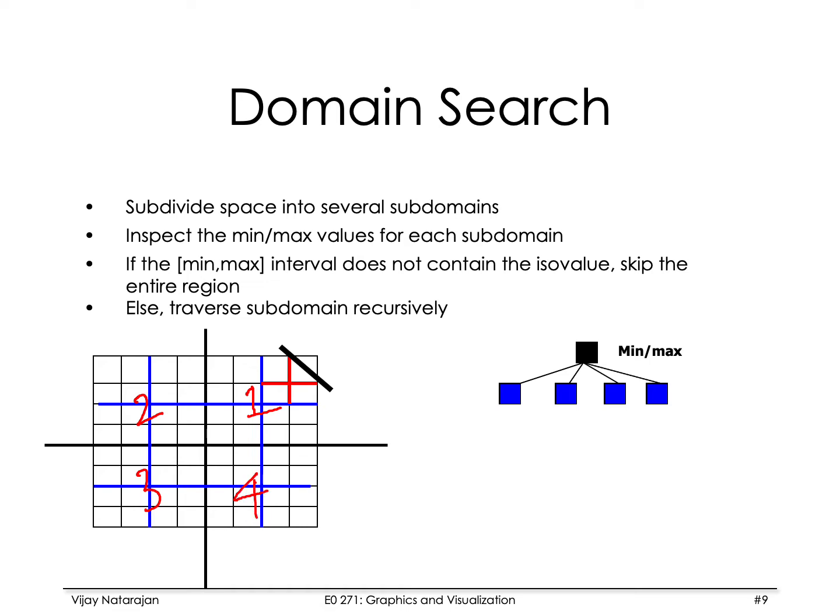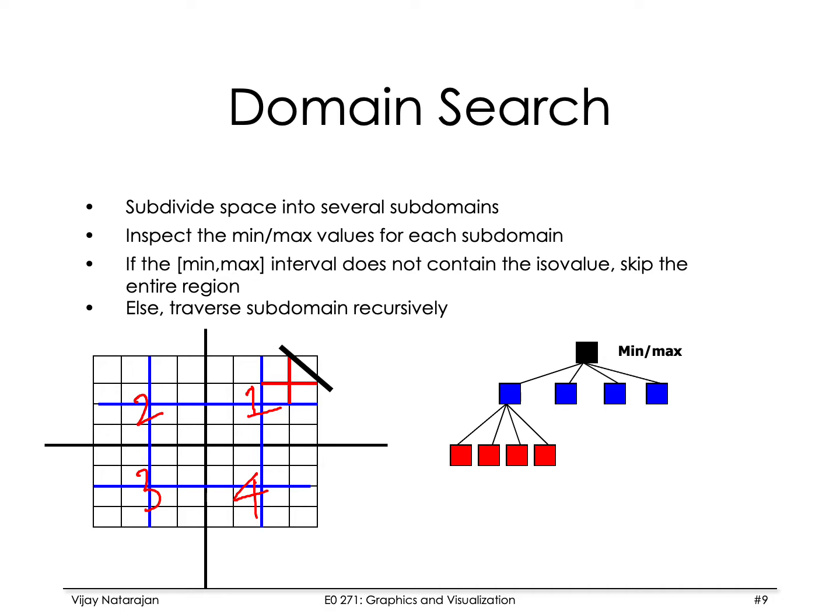So subdomains 2, 3 and 4 do not contain the iso value. So that is already going to be clear because we see the isocontour in this case. So I would not traverse those subdomains, whereas I do traverse 1 recursively.